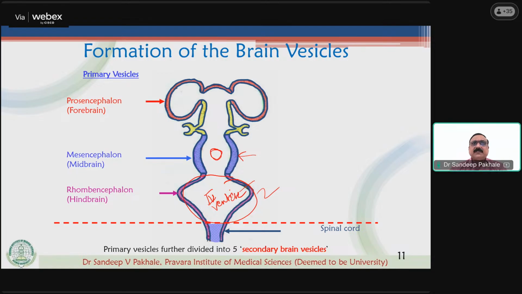The wall differentiates into ependymal, mantle, and marginal zones, as we have seen already in the development of the spinal cord. And it is divided by the sulcus limitans into ventral motor, which is also called the basal plate, and dorsal sensory, which is called the alar plate.